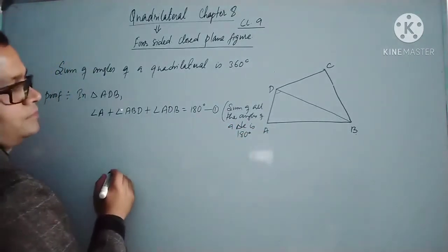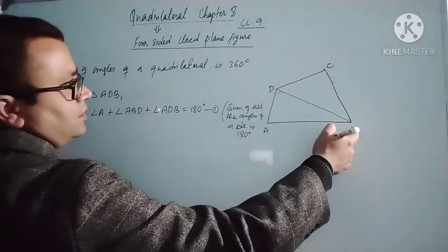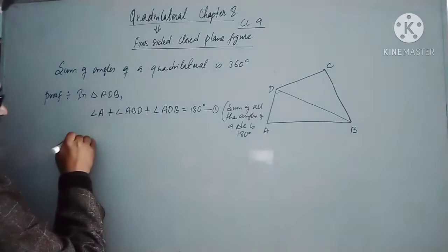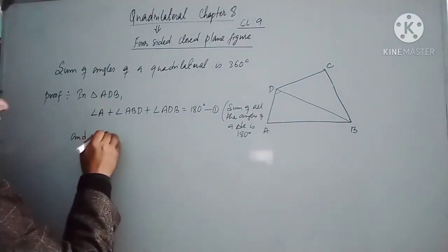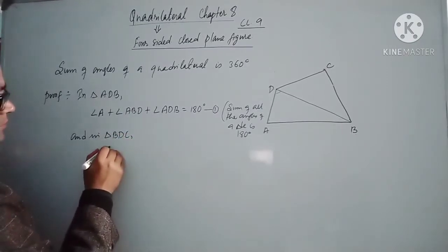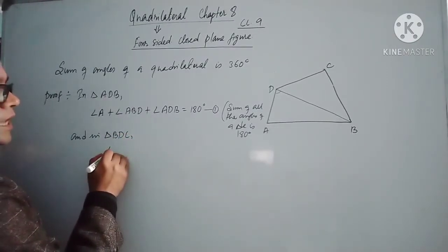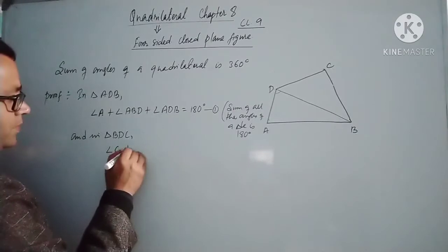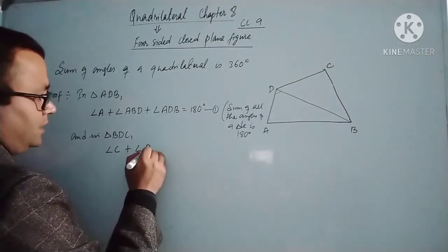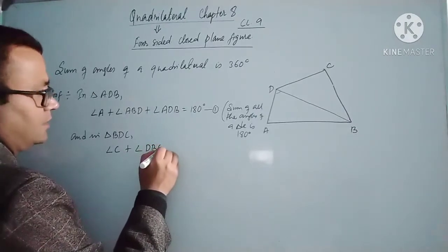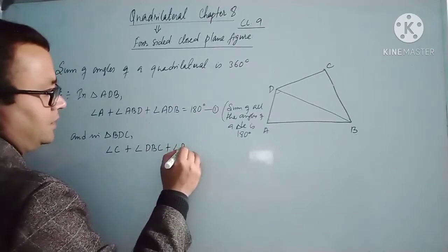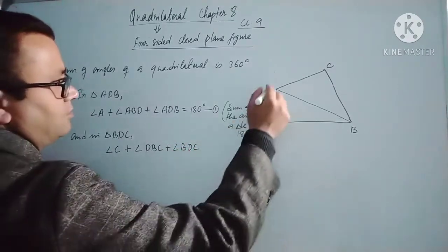And in the next triangle BDC, in triangle BDC, angle C plus angle DBC plus angle BDC equals 180 degrees.